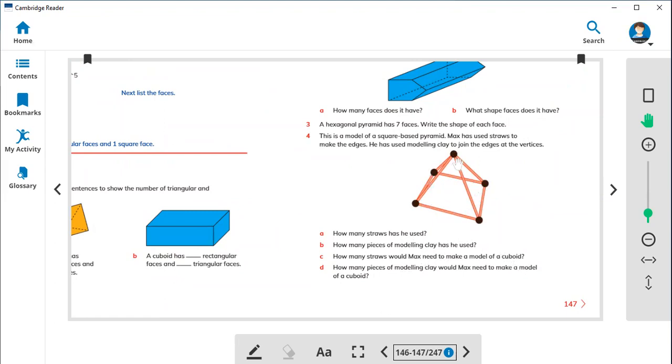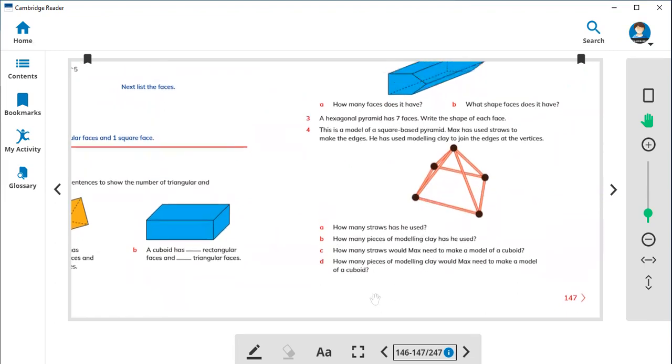This already has 8, so we have to put 4 more and then we can make a cuboid. How many pieces of modeling clay would be needed at maximum to make a cuboid? So obviously 1, 2, 3, 4 is this one and 4 more. So the total is 8 pieces of modeling clay we need to make this one.